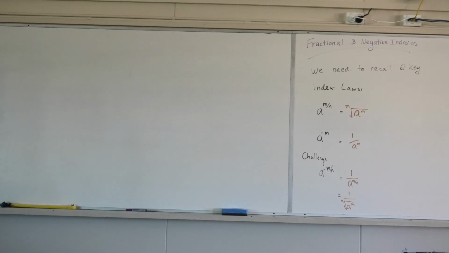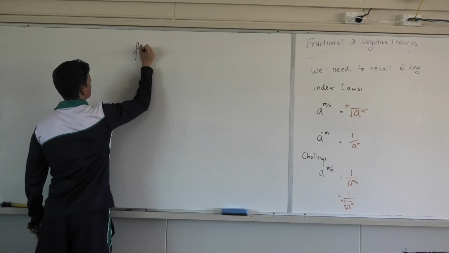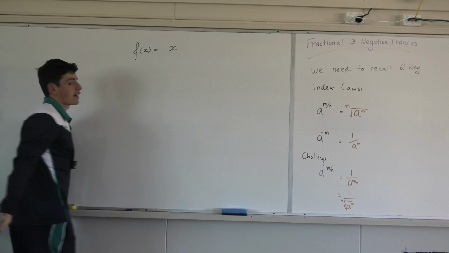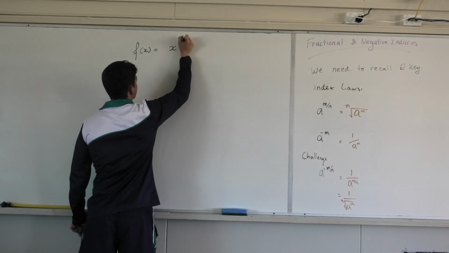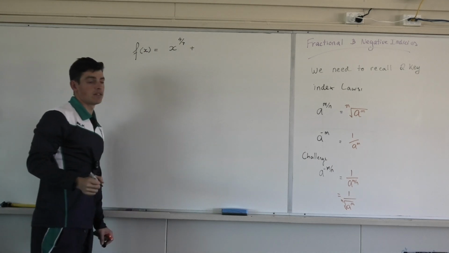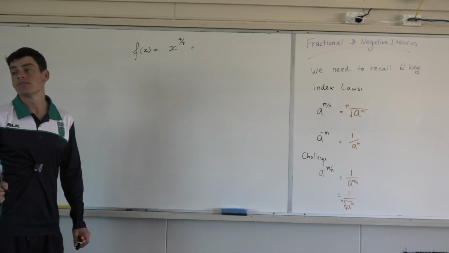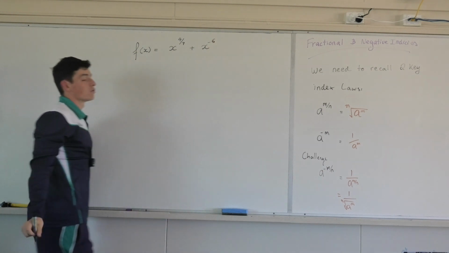And you'll see why. So if I gave us a function f(x) equals x to the power of, give me a fraction, 4 over 7, plus give me a negative number. Negative 6, x to the negative 6. We should be able to derive that.